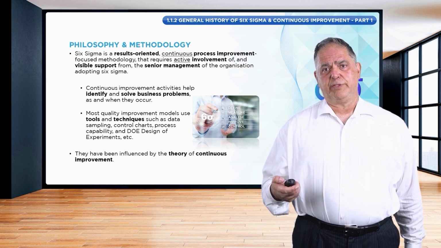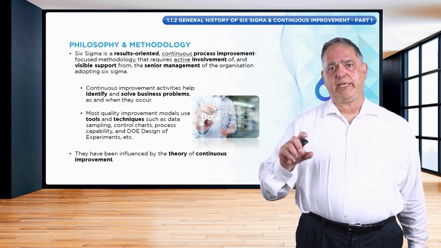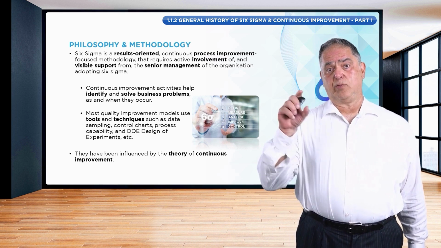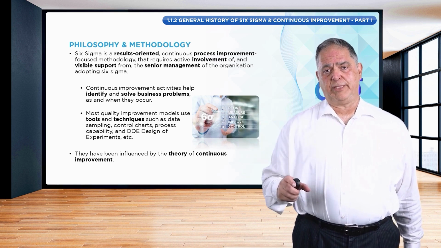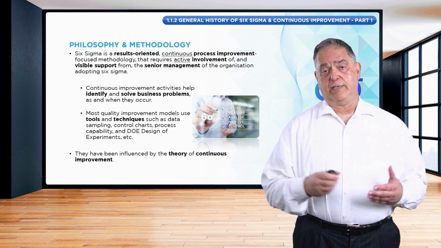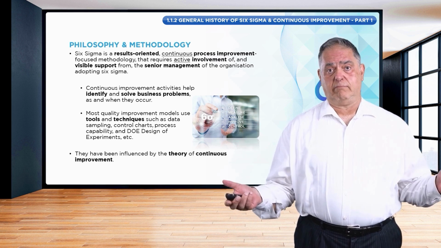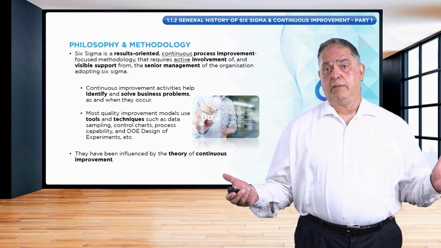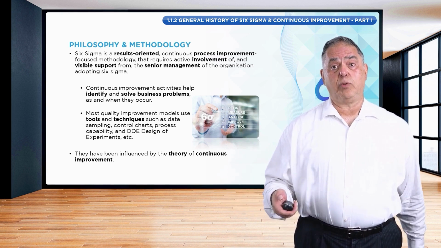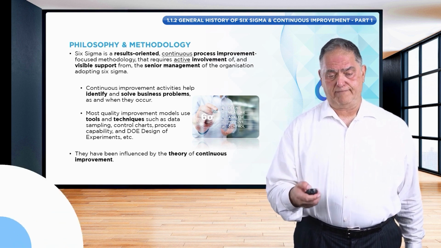The theory of continuous improvement is about making a series of small incremental changes that eventually results in a process that performs near its optimum capability.